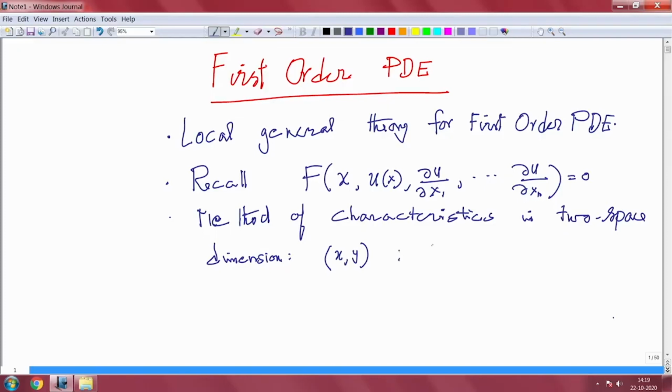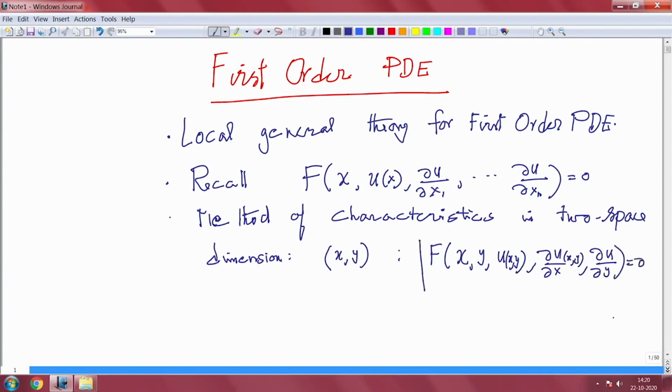So, your general equation is F of x, y, u of x y, du/dx at x y, and then du/dy equal to 0.